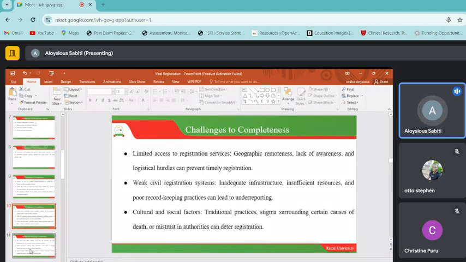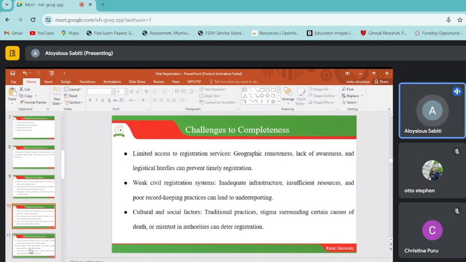And therefore, sometimes we have causes of death that happen in the village settings, and because someone has a different thought of how this person died, or it is not culturally accepted for them, they may not do the reporting of this death.